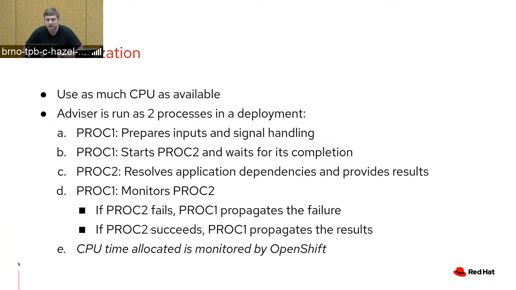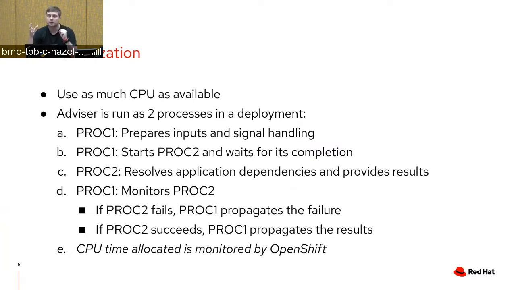Okay, so let's have a look at these two processes. As stated, the first process is run to prepare inputs, and it also prepares signal handling, and then it subsequently starts process 2. Process 1 waits for process 2 to complete, either successfully or with a failure.